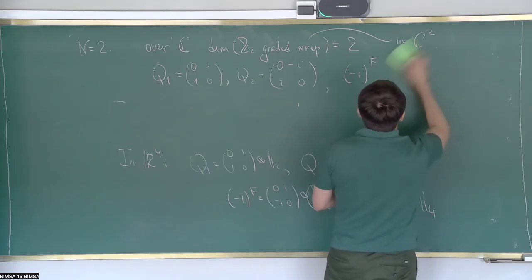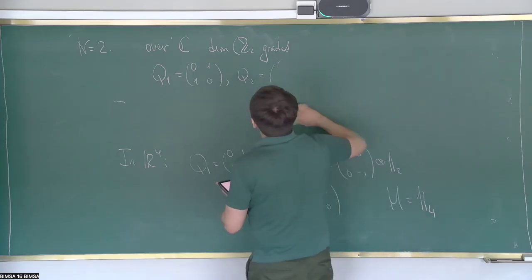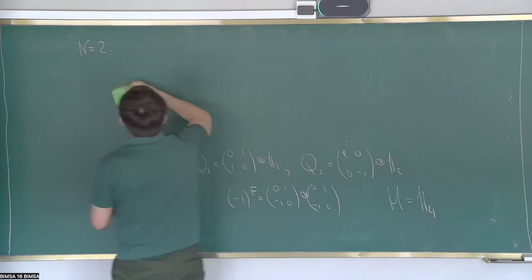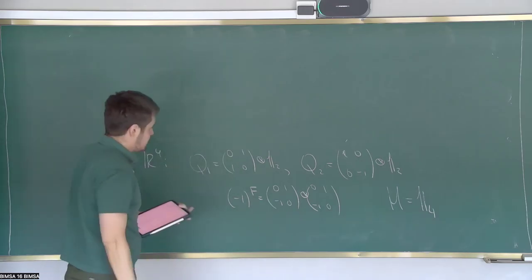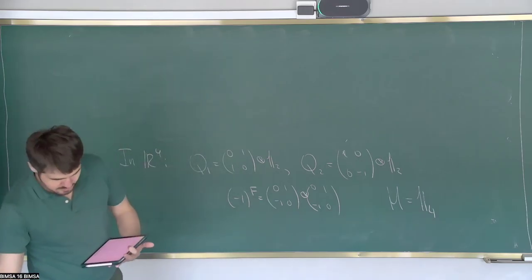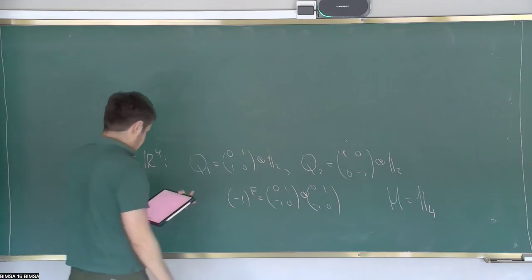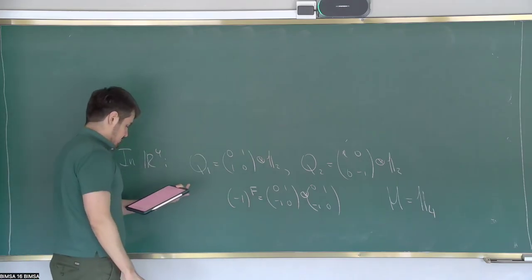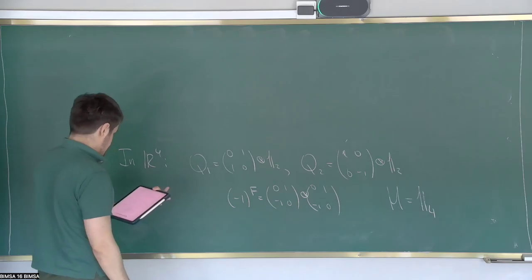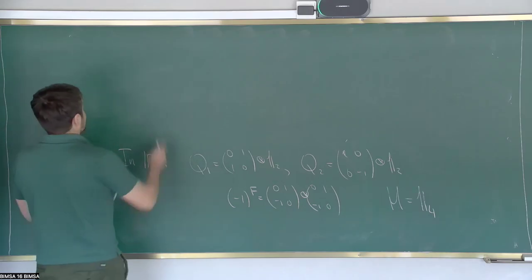Here we have two types of representations: the one over the real numbers of dimension 4, and one over the complex numbers of dimension 2. And accordingly, we have two types of superfields that we can use. First, we have a real one.